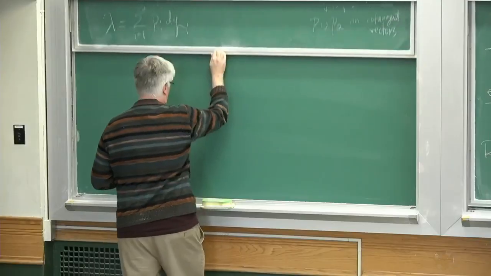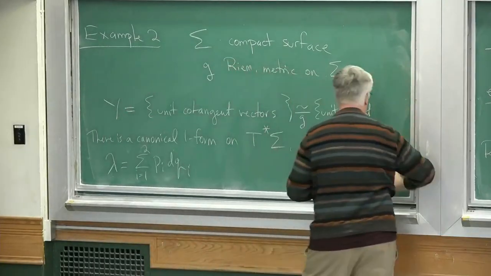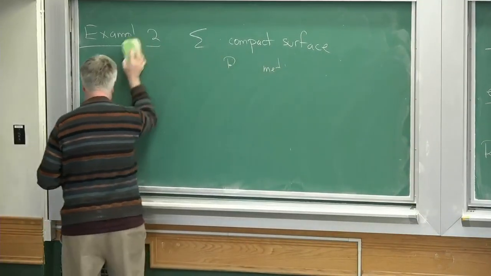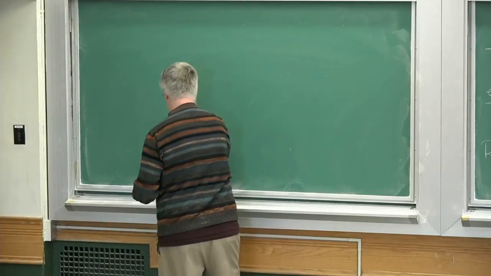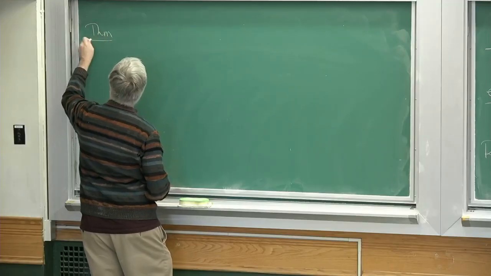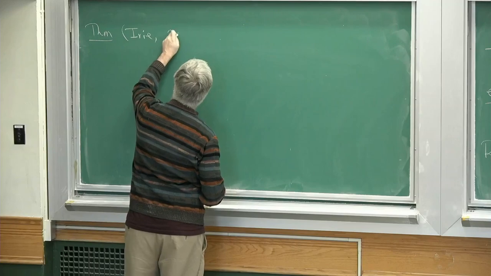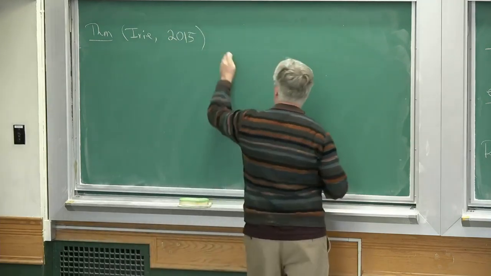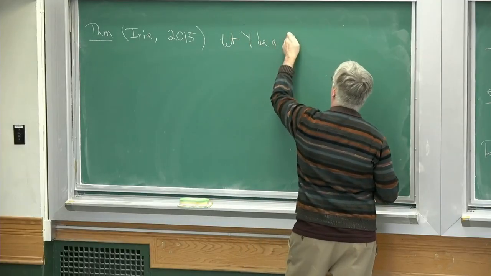Now, generically, you can actually say more than this. So there's a theorem by Irie, which I think is 2015, which says that, so let Y be a closed three-manifold.